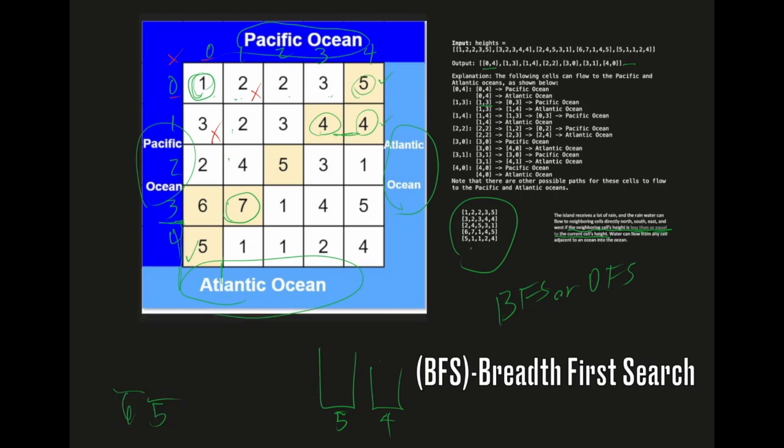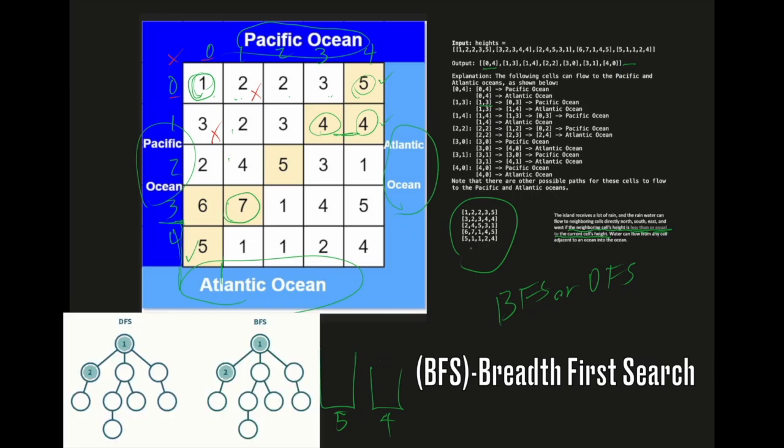In graph and tree problems, breadth first search is the most ideal, while depth first search, on the other hand, focuses more on connectivity and depth of a tree or graph. And so, since we are focusing more on the distances between our data points, breadth first search would be the most ideal for this solution.